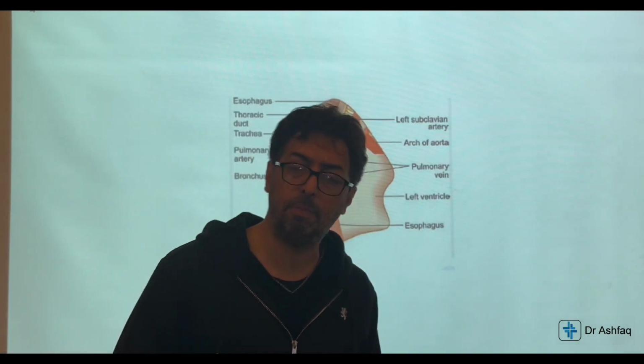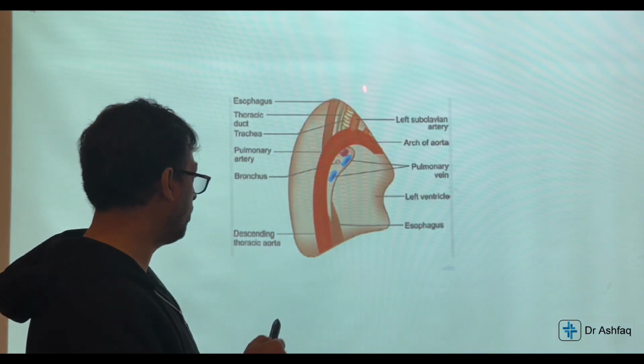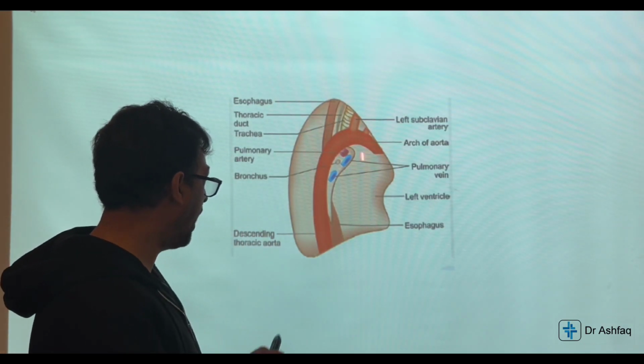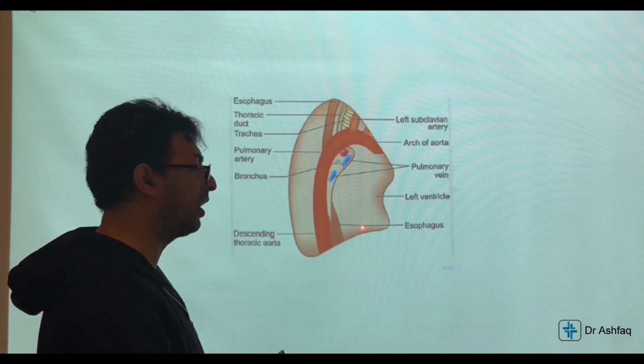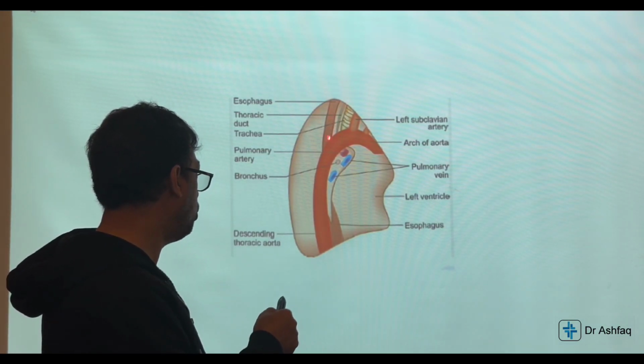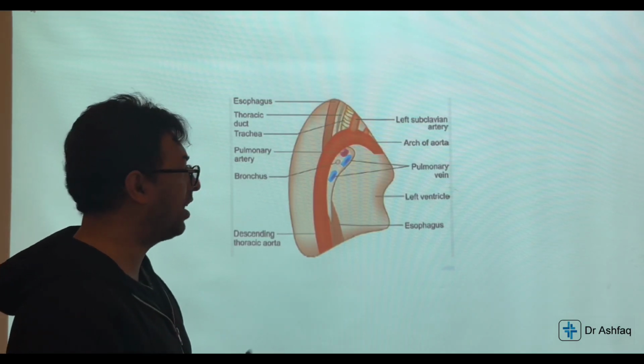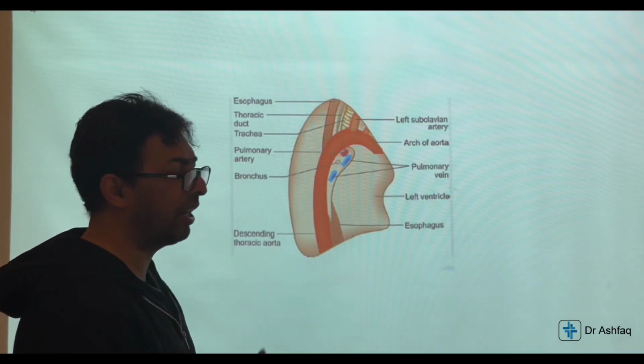So these are the important structures. In addition, the way you had the right phrenic nerve in the right lung, you have got the left phrenic nerve in the left lung coming over here. And over here, you have got a very important structure, which is the left vagus, as well as the left recurrent nerve.